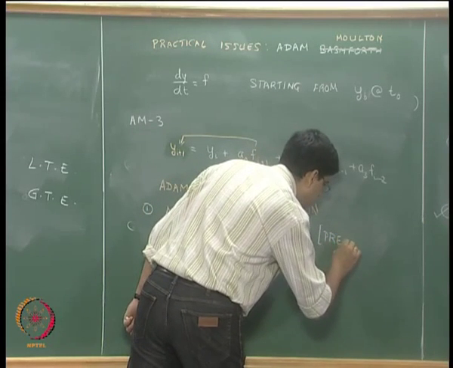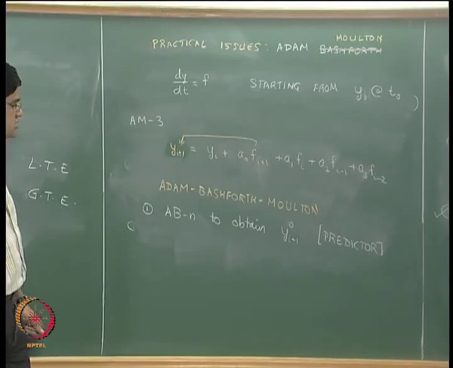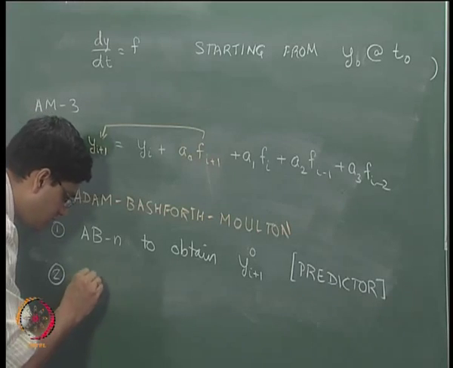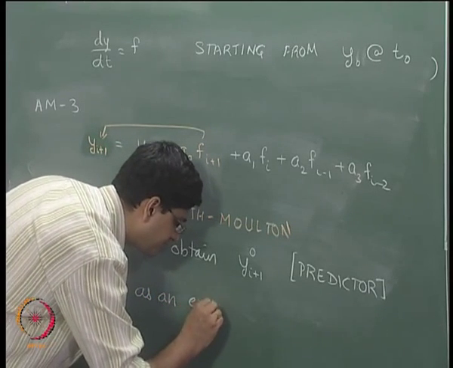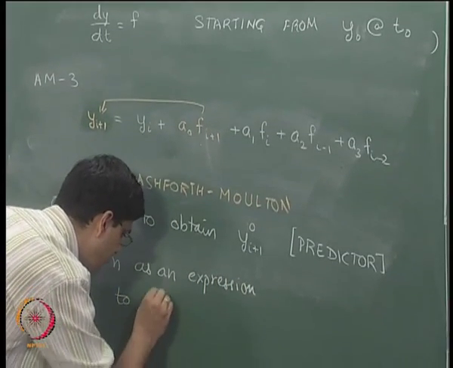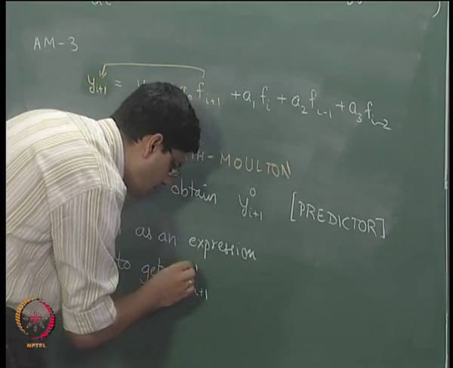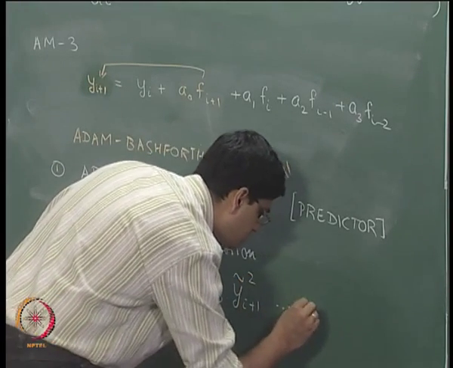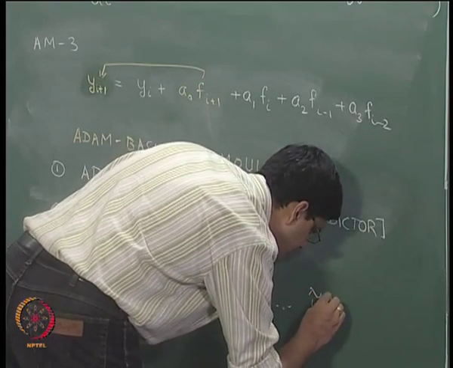So the Adam-Bashforth method is used as a predictor, and next you use AM4 as an expression to get y i plus 1 1, y i plus 1 2 and so on up to y i plus 1 m.